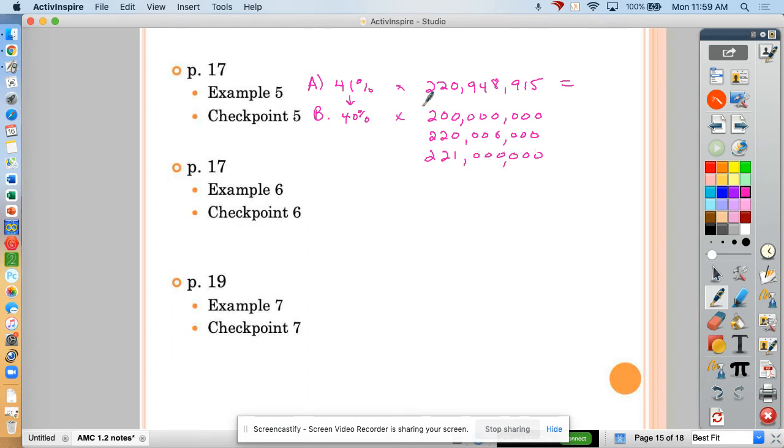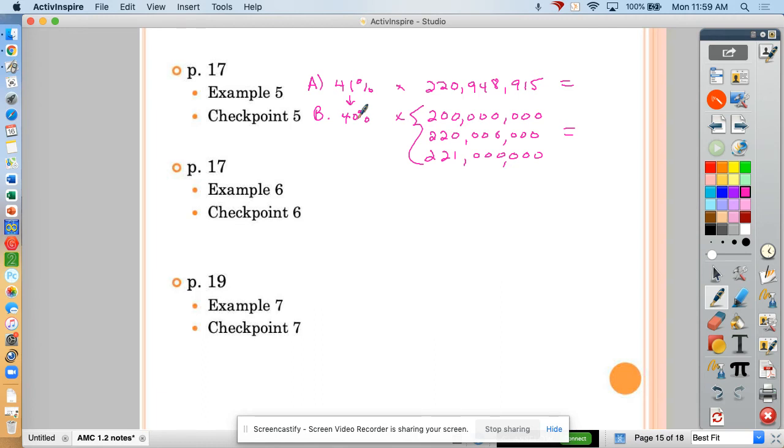All three of those are completely fine when you multiply that out, okay? So any one of those is going to give you 80 million or 88 million or 88,400,000. So when you multiply those out, you should be able to do those quicker because of all the zeros that are there, and that is a good estimation.